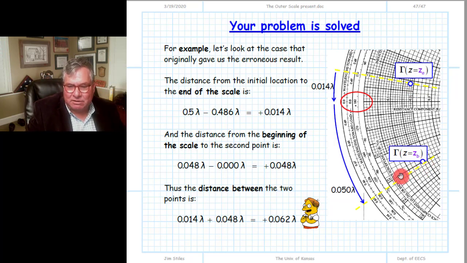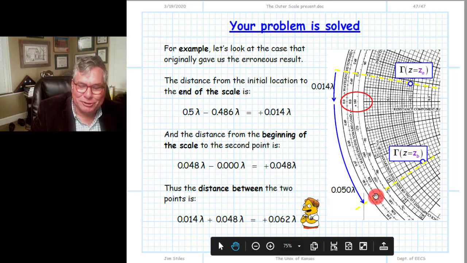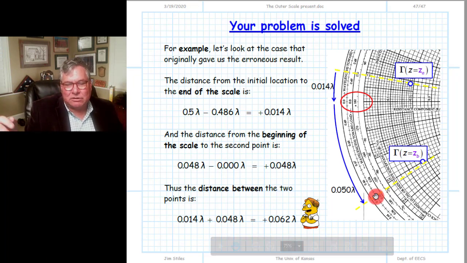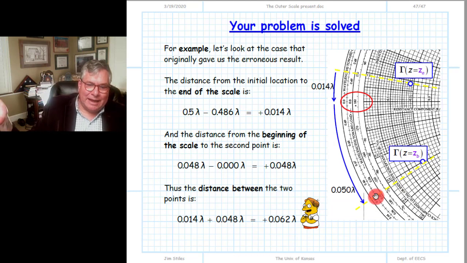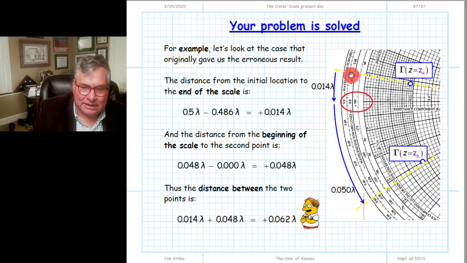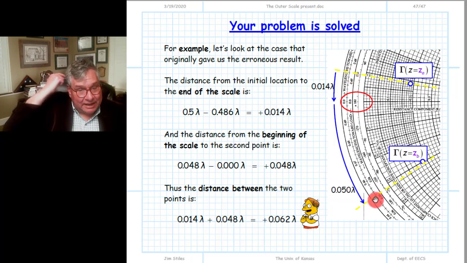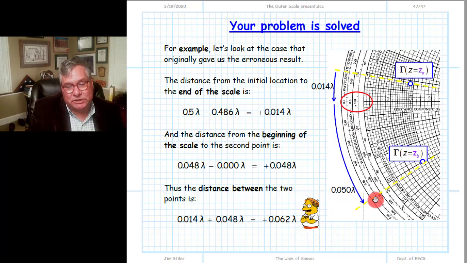If we use the outer scale to denote the reflection coefficient angle, we find that outer scale value is 0.048 lambda. So here it is, again, at 0.486. And here it is at 0.048. And when we took the difference, we got this erroneous result.